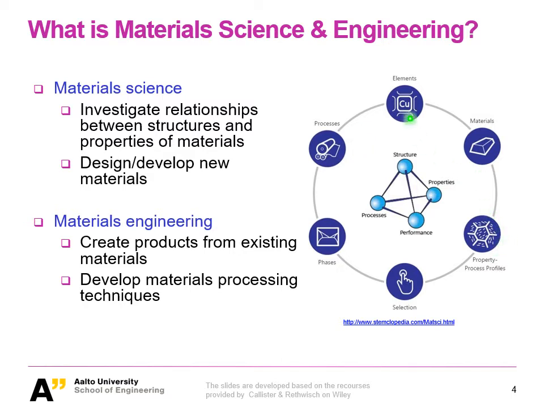So when you design material, you think about the alloy, and when you just do your material engineering, you think about select. Yeah, you select from the existing materials. All right.